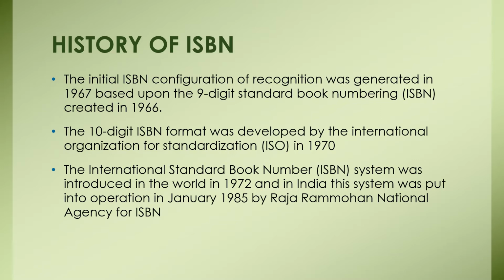The 10-digit ISBN format was developed by the International Organization for Standardization, or the ISO, in 1970. The ISBN system was introduced in the world in 1972, and in India, the system was put into operation in January 1985 by the Raja Rammohun Roy National Agency for ISBN.